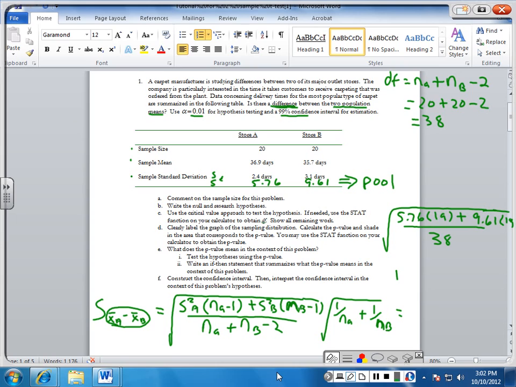And all of that, once you have that, multiplied by the square root of 1 over 20 plus 1 over 20. And that comes out to be 0.877. So that's just saying the standard error is 0.877.